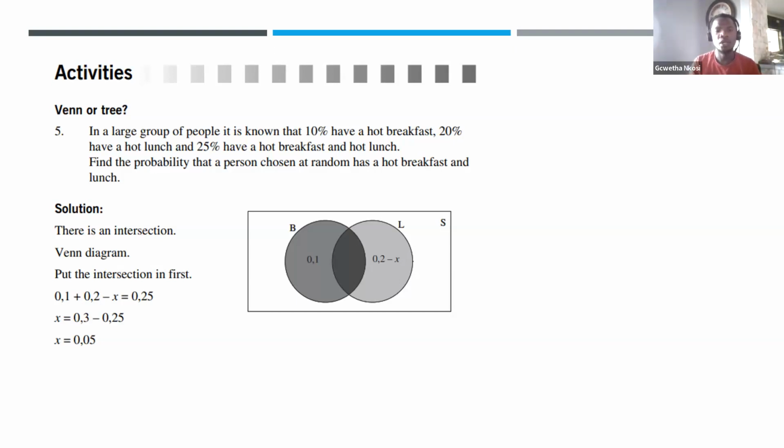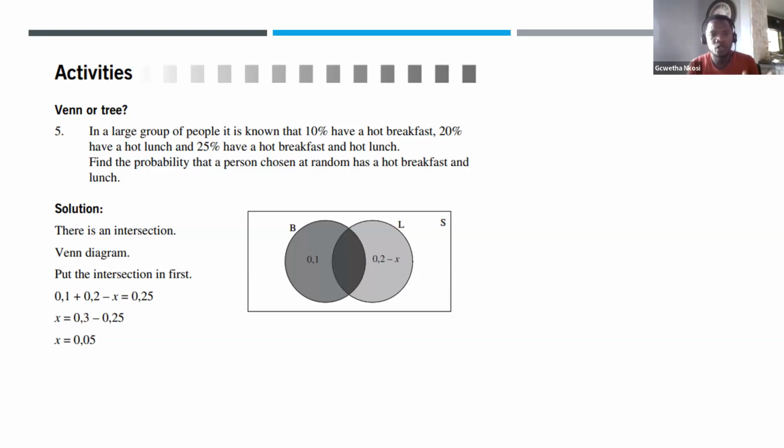So now you need to put the intersection first. How do you do that? You have your 0.1, which is your hot breakfast, and you've also got that 20%.